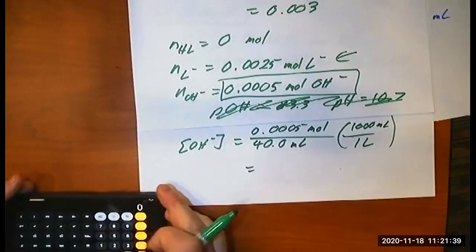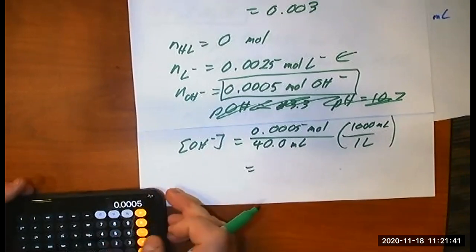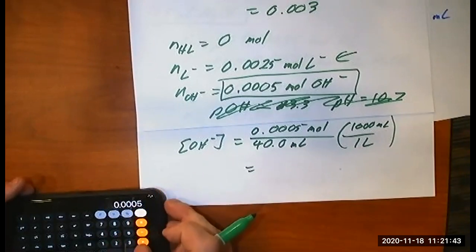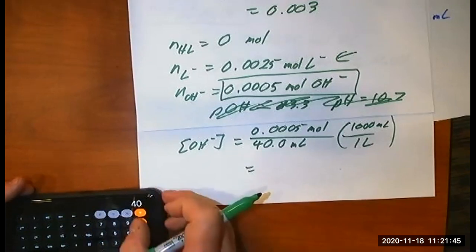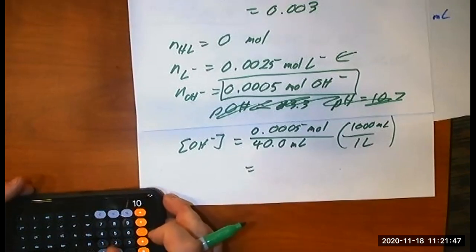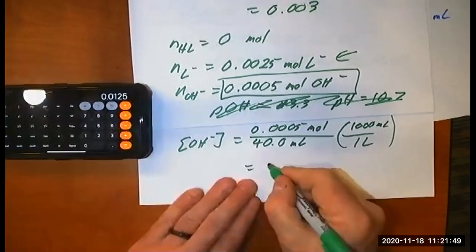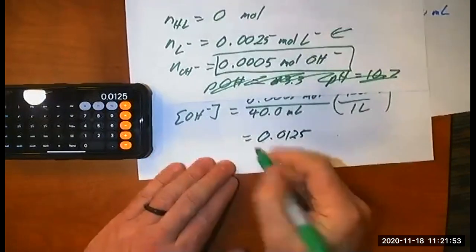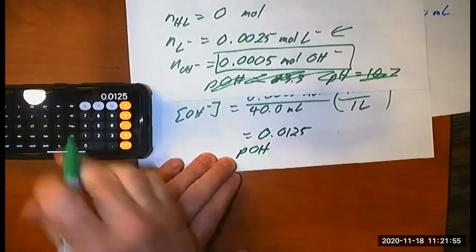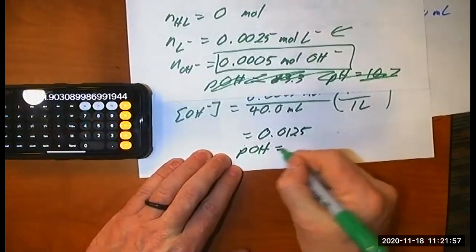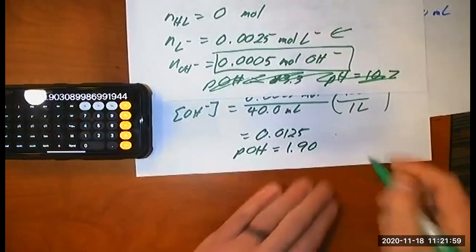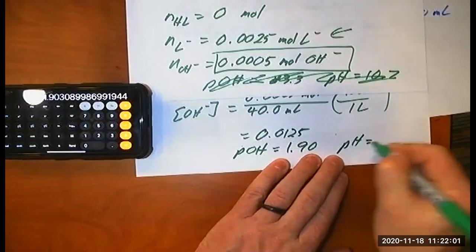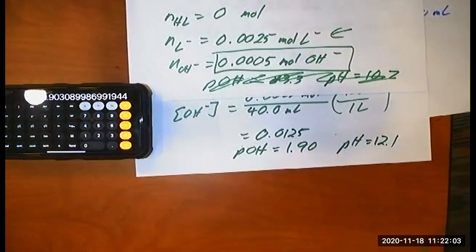So 0.0005 divided by 40 times 1,000 is 0.0125, a bit different. pOH is 1.90, and so our pH is going to be 12.1. Thank you for the correction.